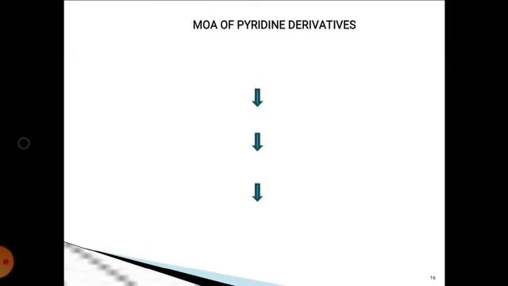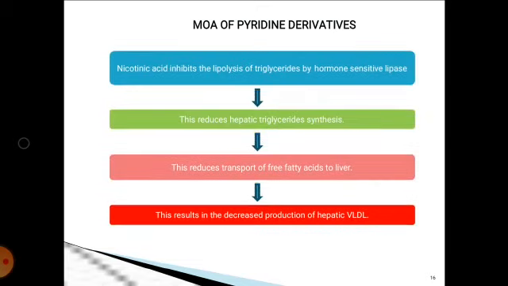Coming to the mechanism of action of pyridine derivatives. Nicotinic acid inhibits the lipolysis of triglycerides by hormone sensitive lipase.